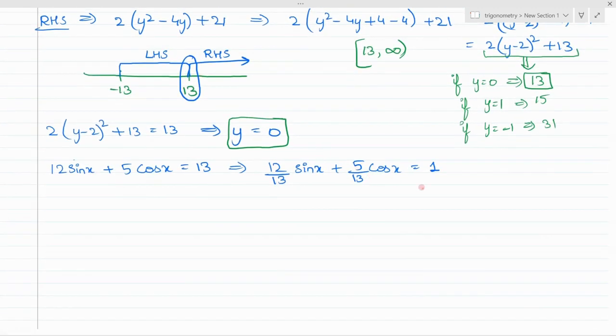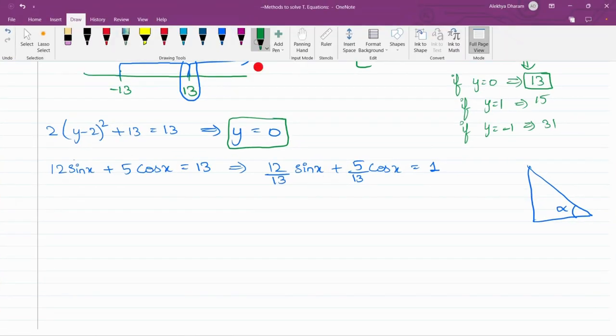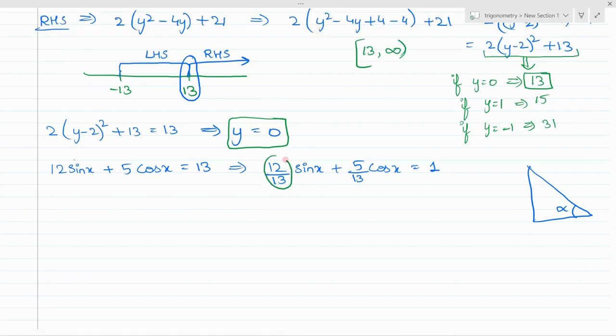Now if you assume a triangle, and this is alpha, assume this 12 by 13 as sin alpha. Then in this triangle it will be 12 over here and 13 as hypotenuse, and this will be 5. So this can be written as cos alpha.